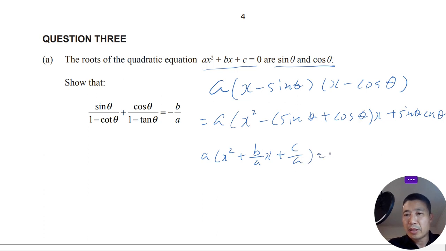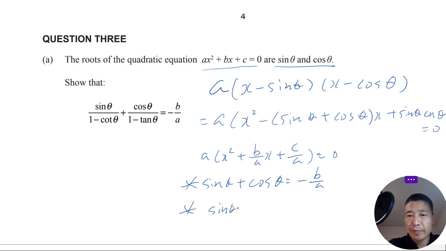So that is 0, and this is 0. So what it means is sine theta plus cosine theta must be negative b over a. Do you see that? And then, so this is important here. And then I get sine theta times cosine theta is c over a, right?